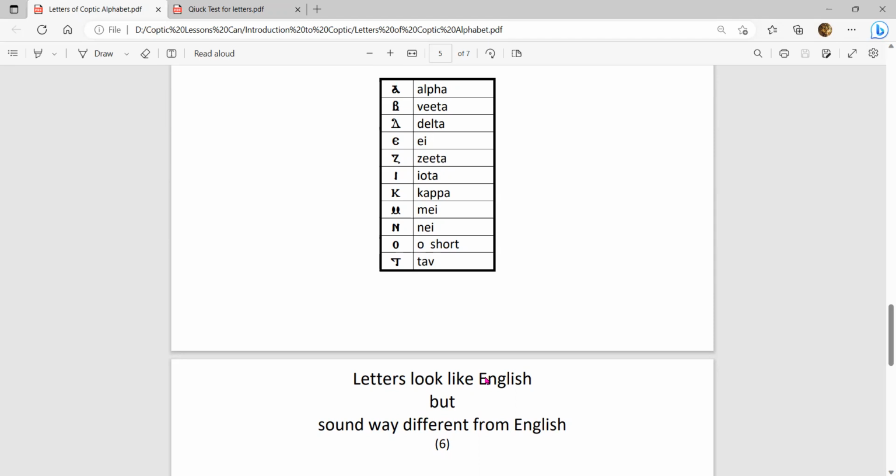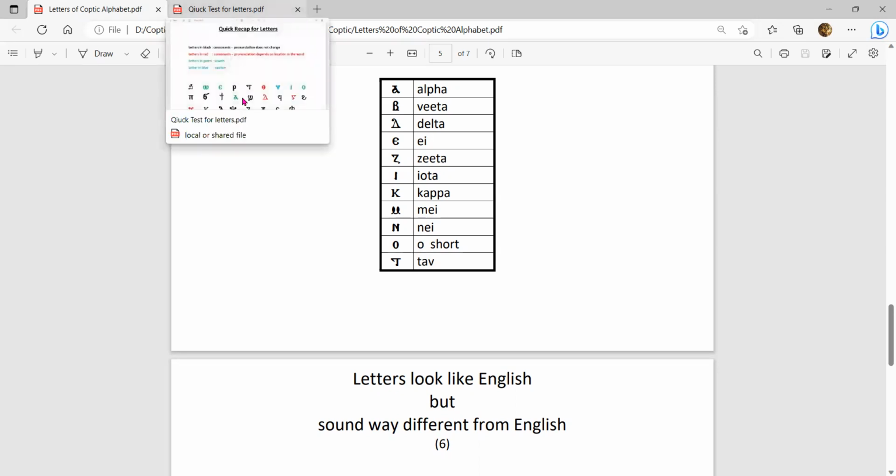I have divided these into vowels and consonants in which the pronunciation depends on their position in the word. Okay. So I shall move to another sheet.